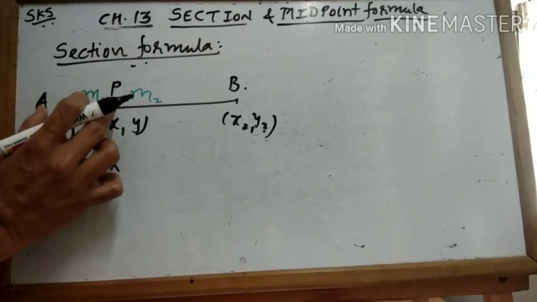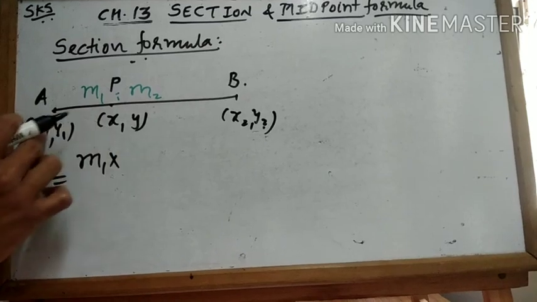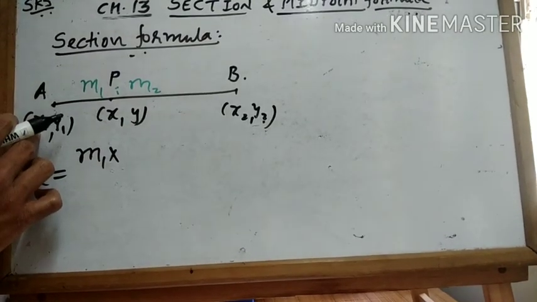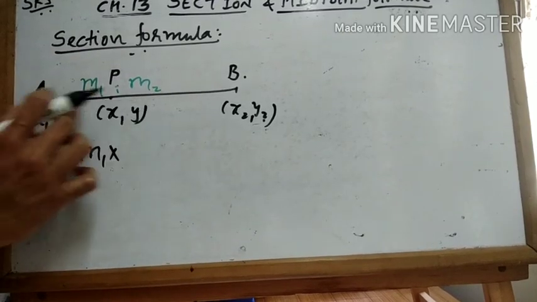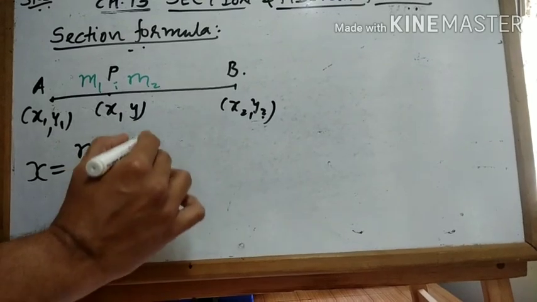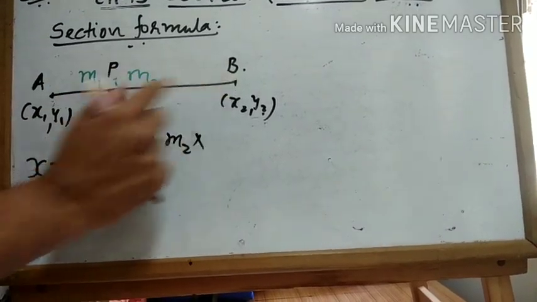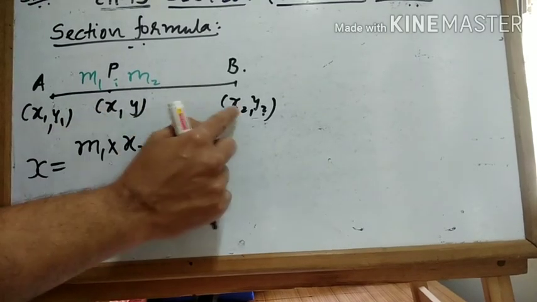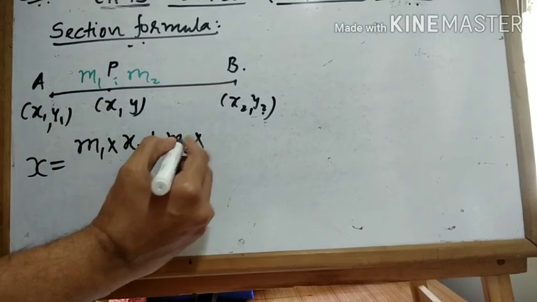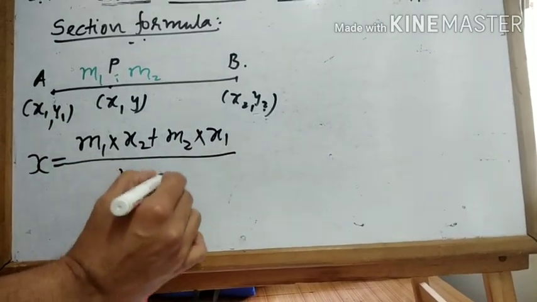Remember, M1 contains X1 as X. Both endpoints of that part contain X and X1. The other coordinate which is not related to M1 part is X2, so it will be multiplied to the other part, plus M2 into X1, over M1 plus M2.